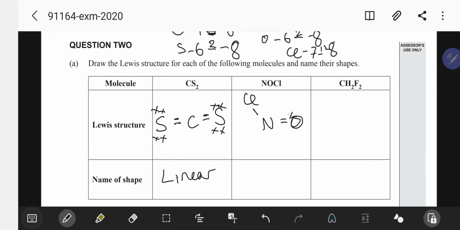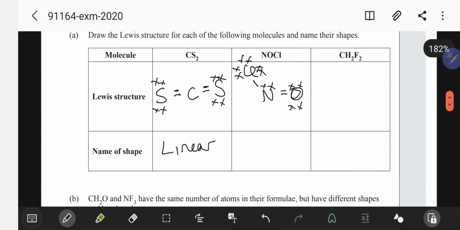So 2, 4, 6, 8, that oxygen is happy. This nitrogen wants 2, 4, 6, 8. That's happy. The chlorine wants 2, 4, 6, 8. That's happy also. So around the nitrogen there's 3 areas of negative charge.